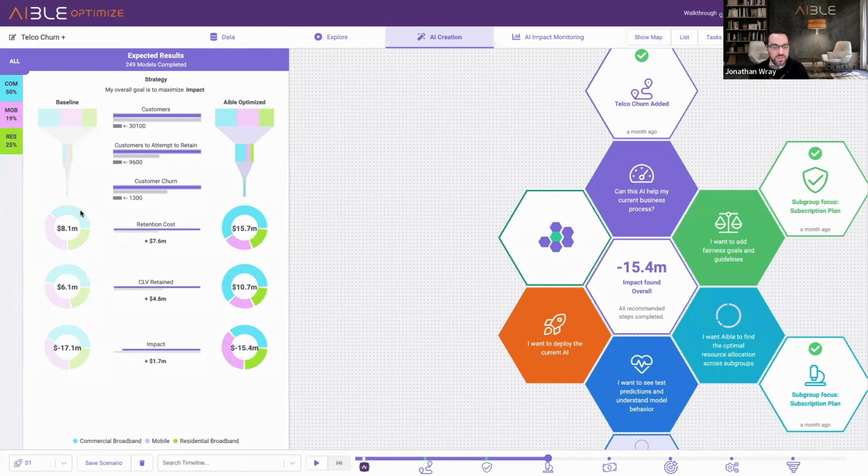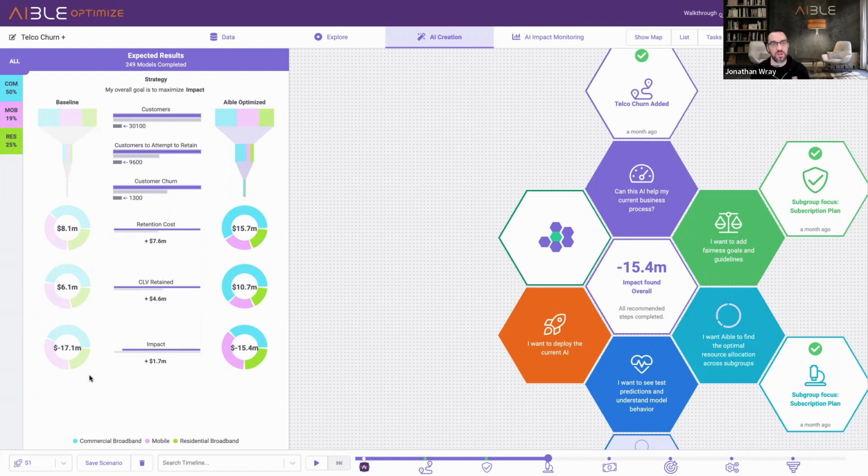What is the cost of having that team support and proactively reach out to folks who are likely to churn? How much do we retain in terms of lifetime value of that risk group? And what is the overall cost to the business for the fact that you're spending time trying to retain people and you're still losing people? What is the net loss the business has when we look at that churn activity?